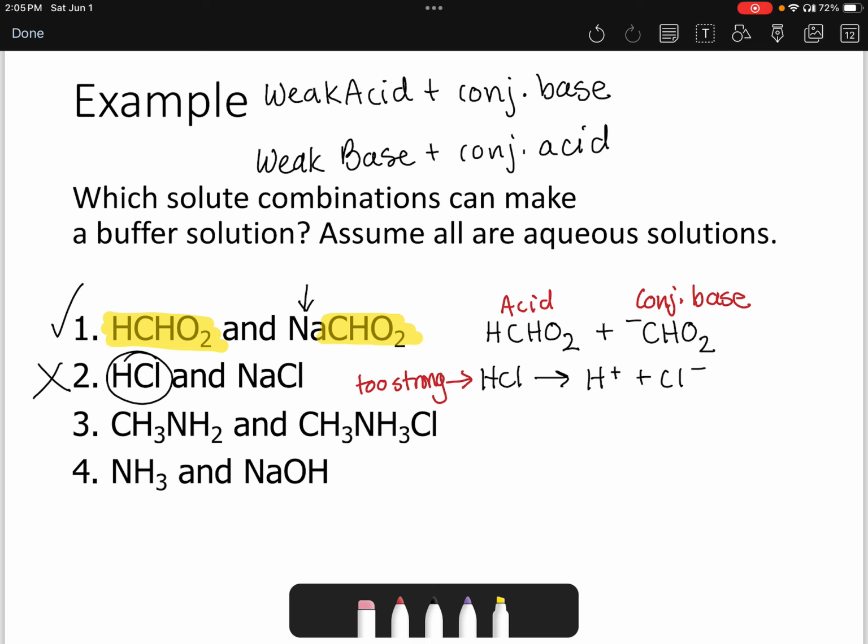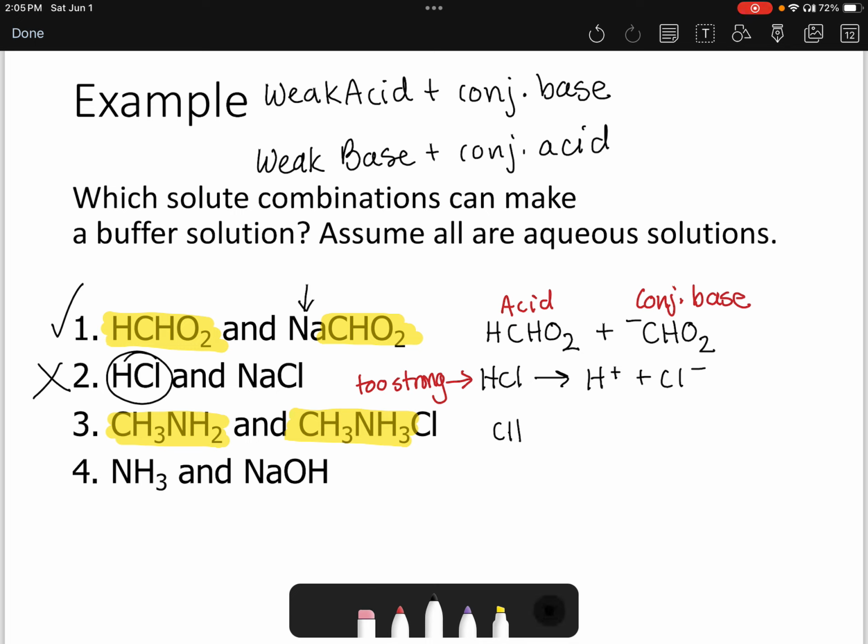Okay, let's look at the next one. We have CH3NH2 and CH3NH3Cl. Okay, so it looks like we're gaining a hydrogen between these two. So that's probably a base and its conjugate acid.